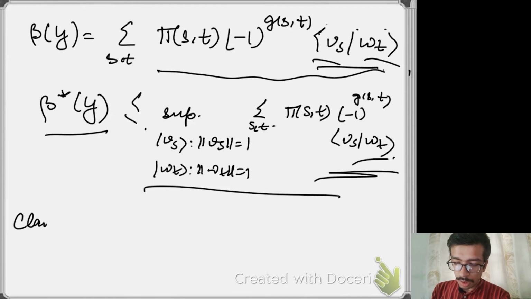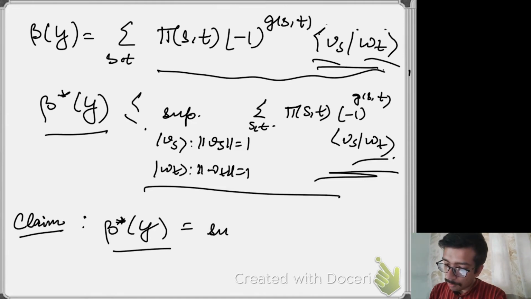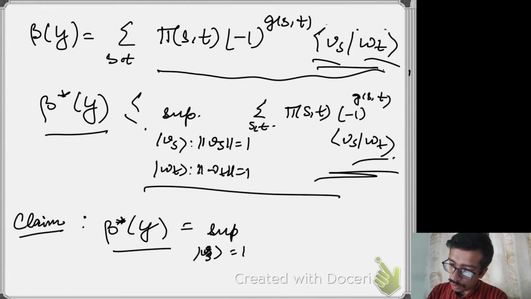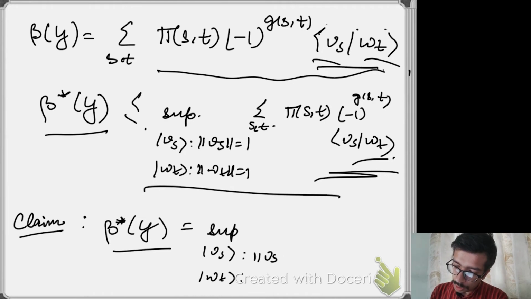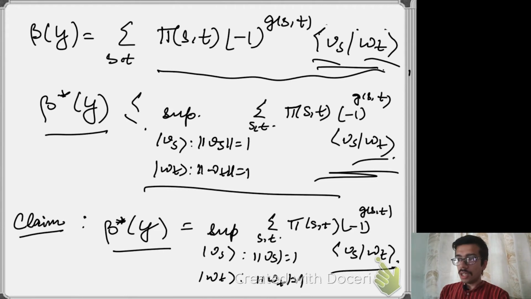Now our claim is that these happen to be equal, and this is also known as Tsirelson's theorem: that beta star of G, the optimal bias, is exactly equal to the supremum over Vs and WT, such that norm Vs equals 1 and norm WT equals 1, of the sum over S, T of pi(S,T) (-1)^G(S,T) Vs dot WT.